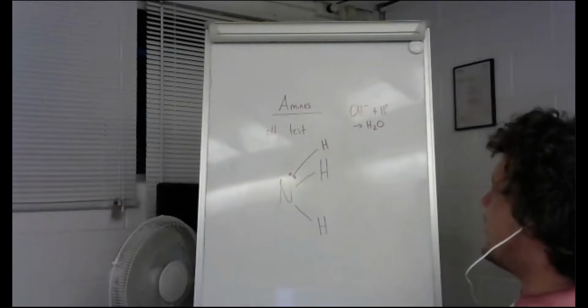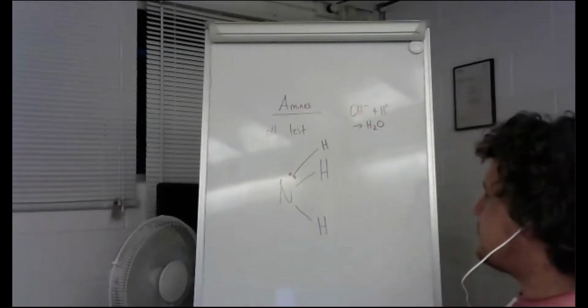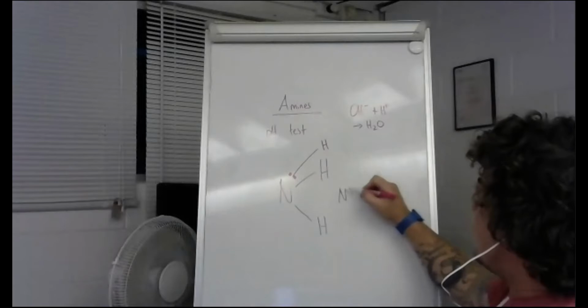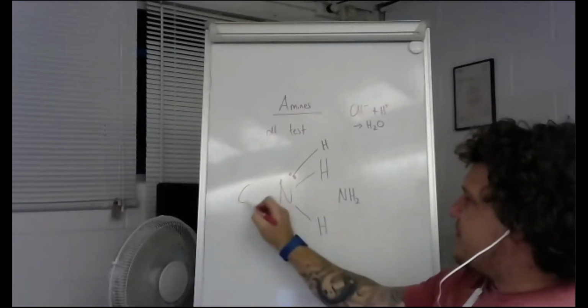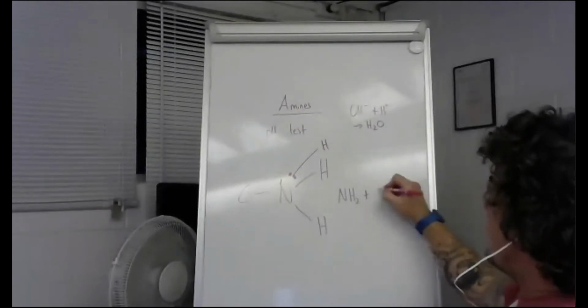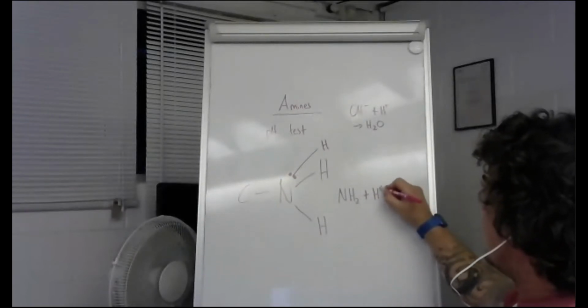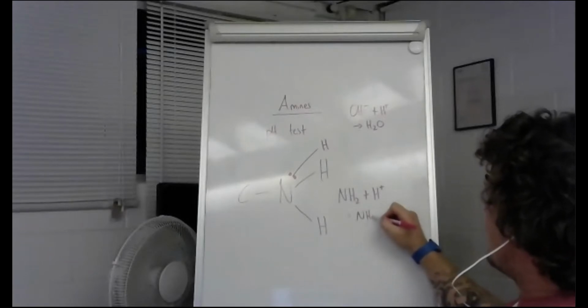So you add an acid and a base together, you get water. If you take NH2, which is on the end of an amine molecule, and you put it into an acidic solution, it will produce NH3+.